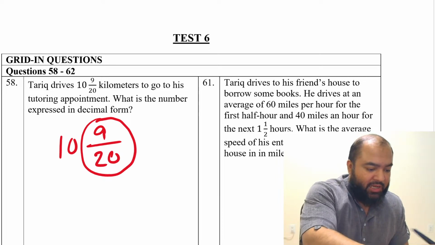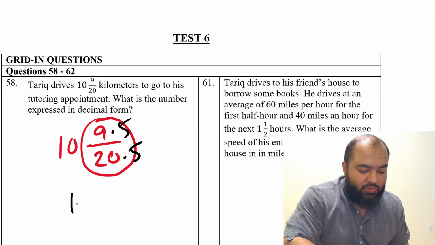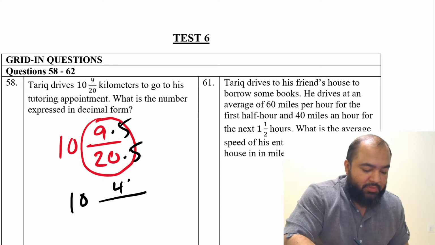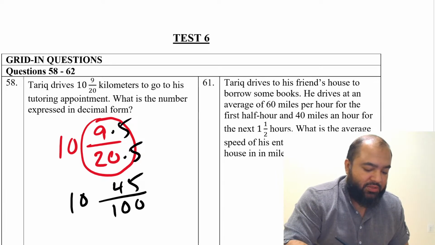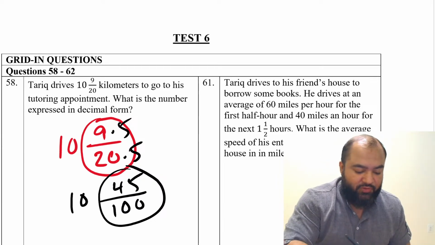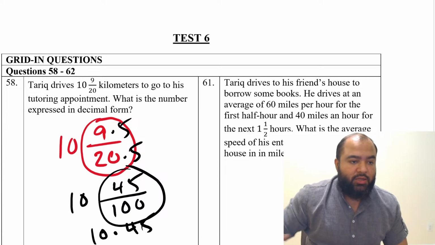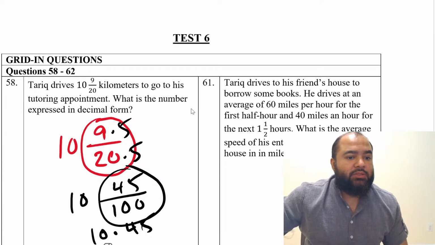So I'm gonna multiply top and bottom of this fraction by 5. We get 10 and 45/100. The point of doing it is 45/100 means 0.45, so it's 10.45. Okay? So any question about that?